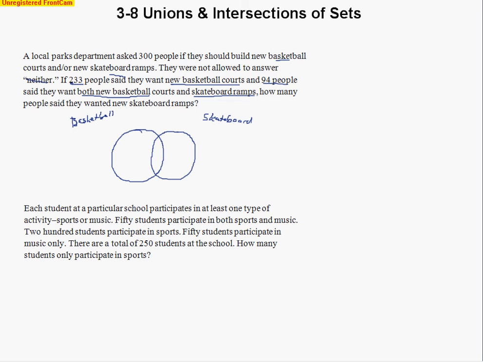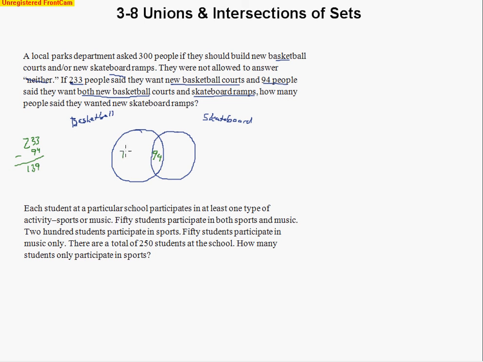So let's change the color, and we'll put 94 right here, and that represents both are occurring. And then what I need to do is find out how many wanted just the basketball courts. And so notice that 233 people said they wanted new basketball courts, and 94 said they wanted both. So let's go ahead and subtract 233 minus 94, and when I do that subtraction I get 139.